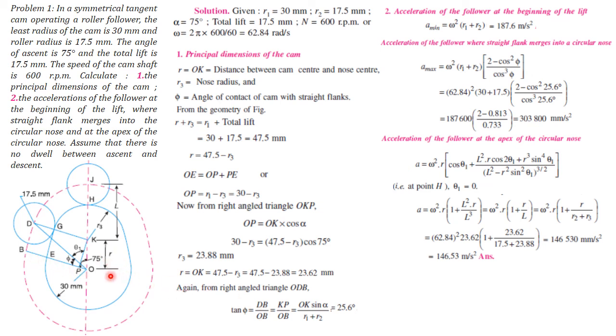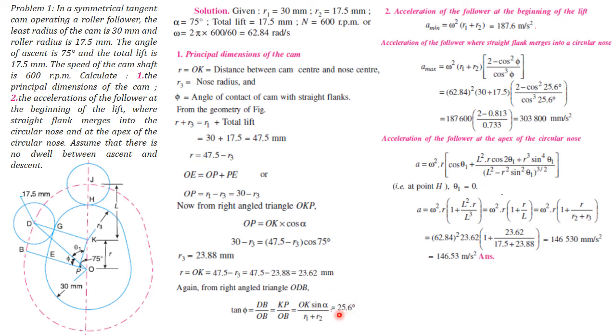Now OB is equal to base circle radius plus follower radius, that is R1 plus R2, and KP is equal to OK sin alpha, and therefore tan phi comes to us, and phi comes to us as 25.6 degrees.